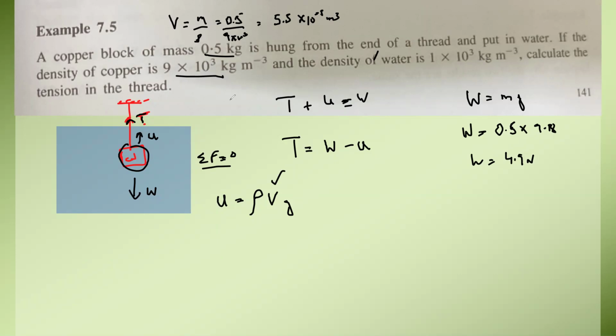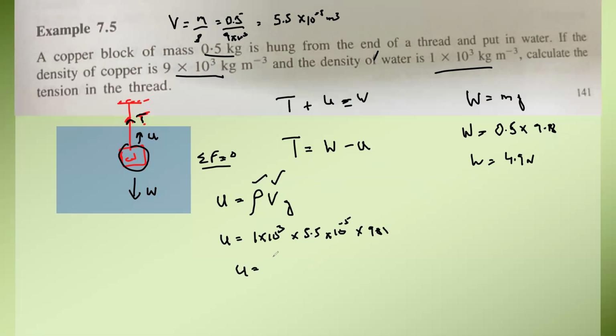Density of the water is given to us, which is 1000. So how much is the upthrust? The density of water 1000 multiplied by the volume of displaced liquid, 5.5 into 10 to the power negative 5, and gravity 9.81.